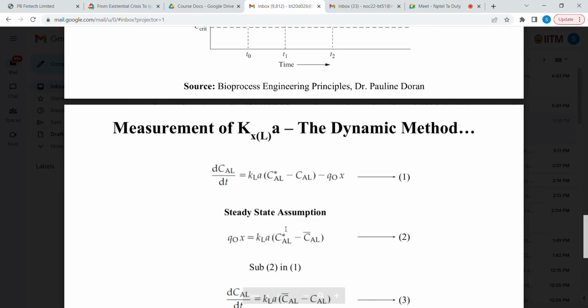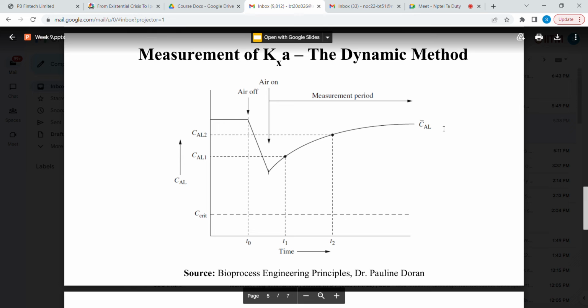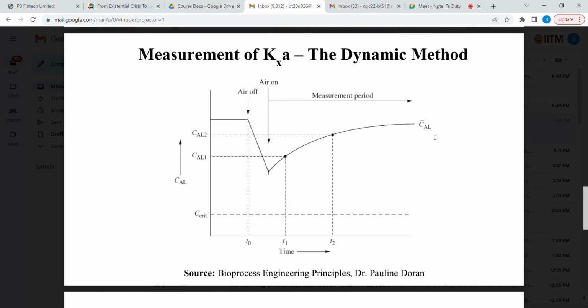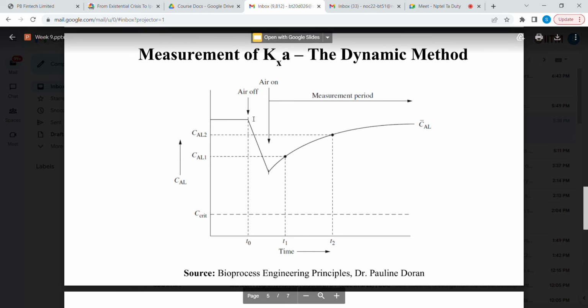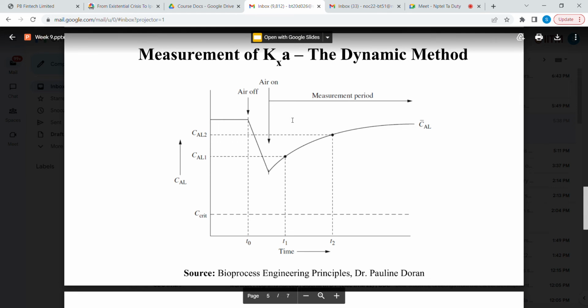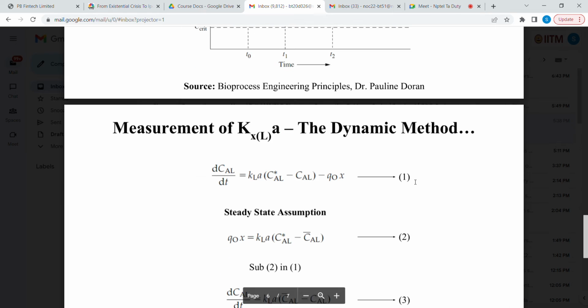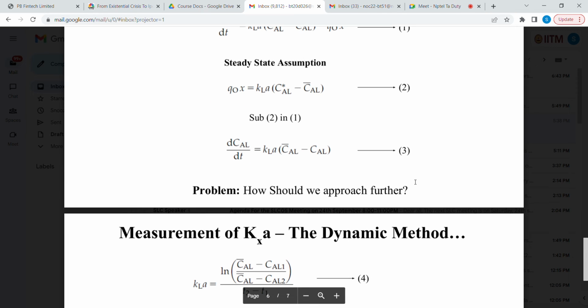Now what we need to do is, as I said, this term CAL dash, if you see here carefully, it will be slightly lower here. That is the steady state assumption.